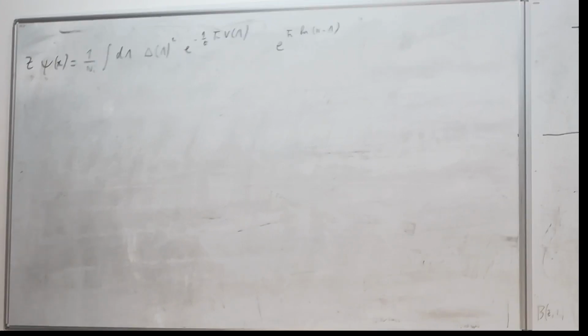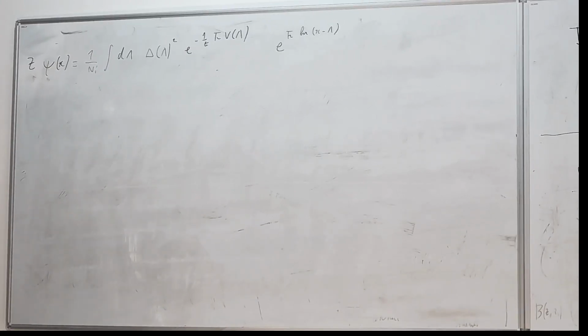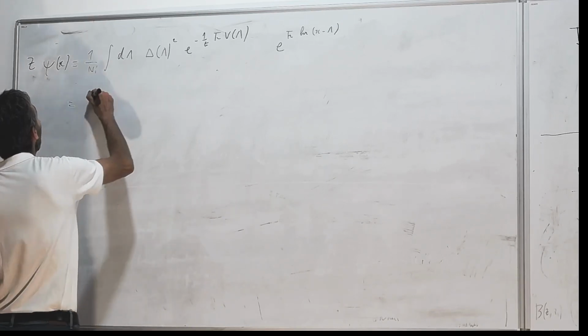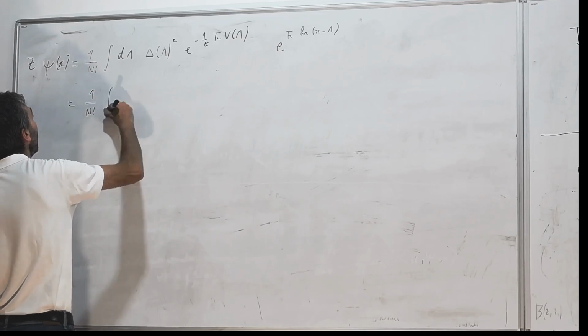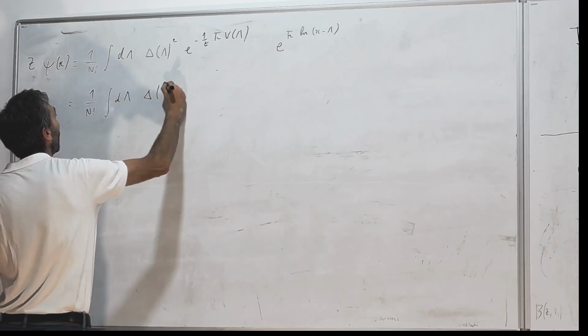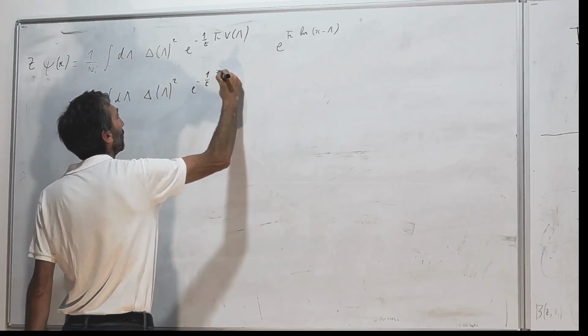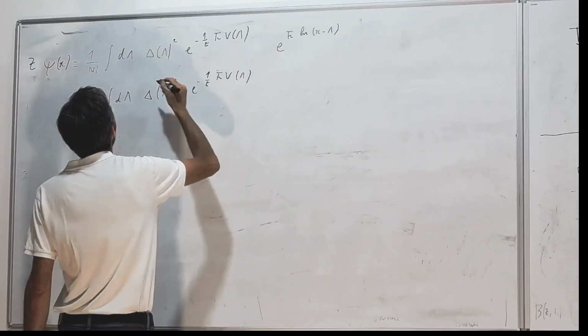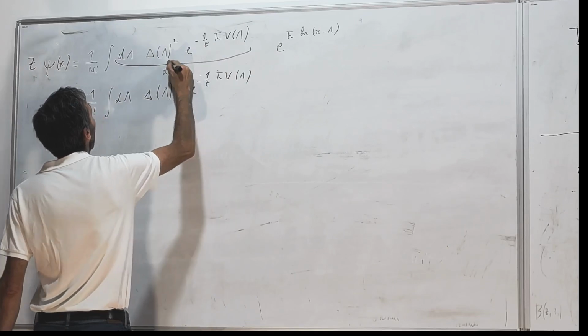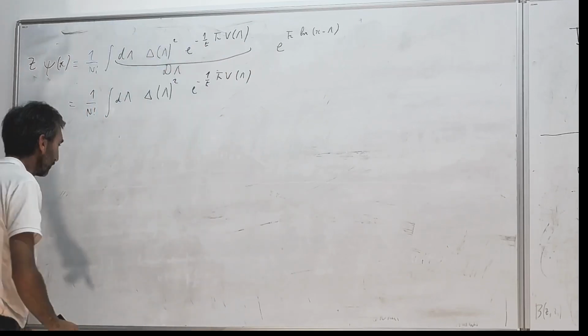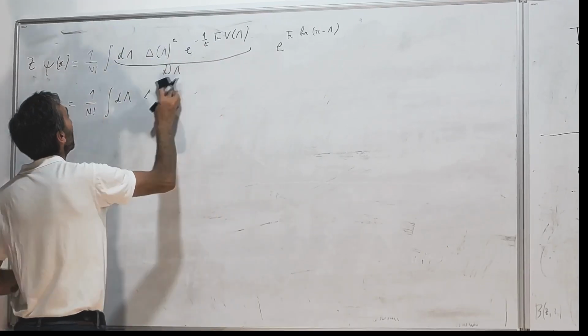Now let's use something very subtle, that is the log is the integral of 1 over x minus lambda. So 1 over n integral d lambda, delta of lambda to the square, exponential of minus 1 over h bar trace of v of lambda. Let me call it d lambda. That will shorten everything.